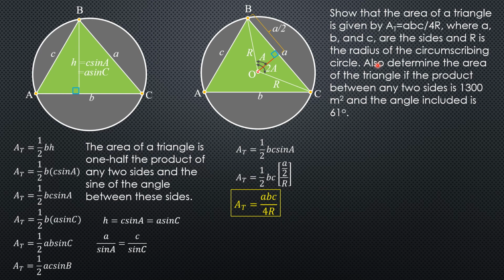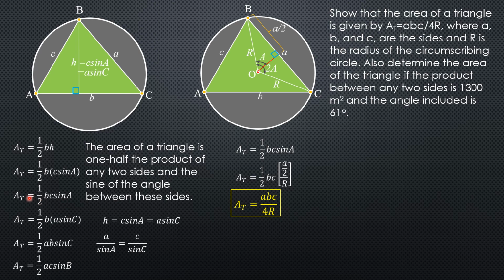The second part is this. We have to determine the area of the triangle if the product between any two sides is 1,300 square meters and the angle included is 61 degrees. Since we derived the formula earlier that area of triangle is 1/2 product of any two sides times sine of the angle between those sides, if we use this formula, the product BC of any two sides is 1300 and the angle is 61 degrees.